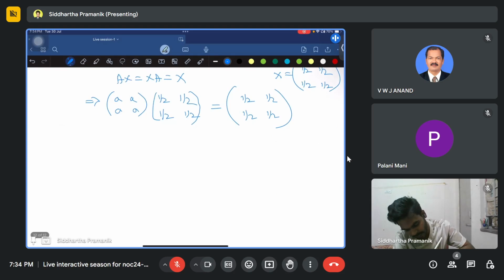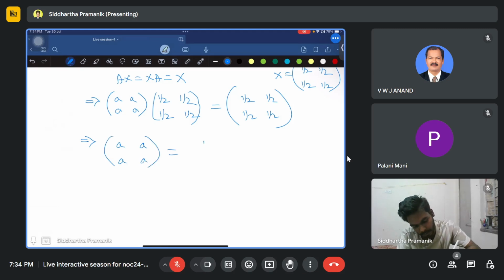So in the left hand side, this is just A itself, because X is the identity element.